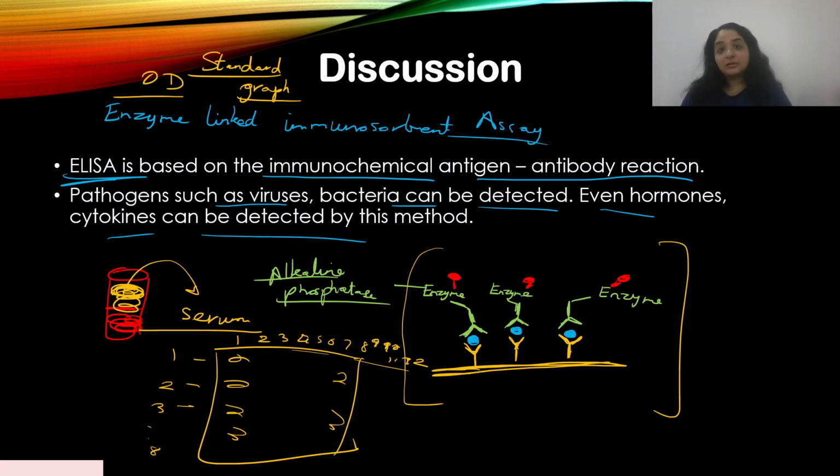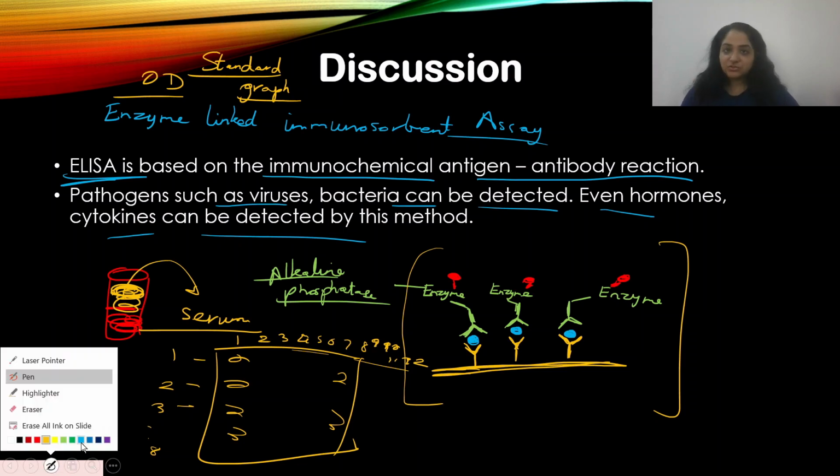Now how do you get the standard graph? There are standards given to you by the commercial kit that you're using. The standard graph is designed in such a way that you already know the concentration of particular standards.